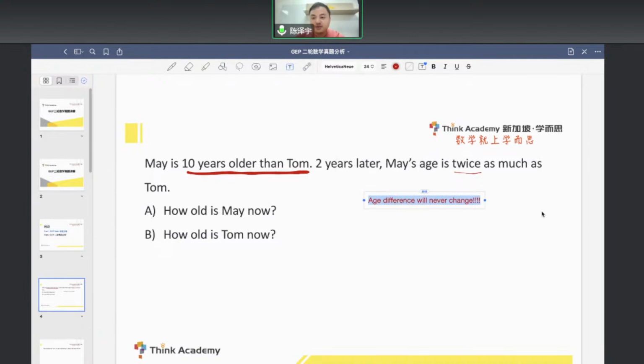So I will highlight this in red. From this question, we know that May is 10 years older than Tom. So no matter how many years later, May's age will still be 10 years older than Tom. Then the second one, we know that 2 years later, May's age is twice of Tom's.